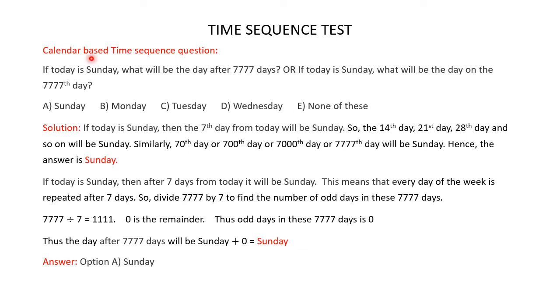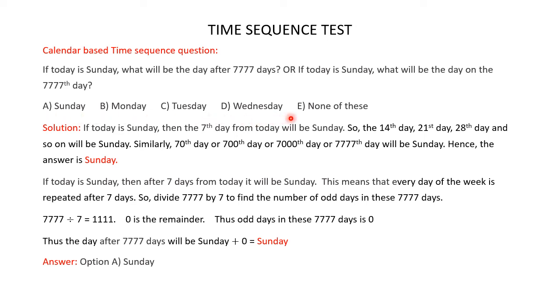Let's solve a type of problem that's asked on calendar-based time sequence. If today is Sunday, what will be the day after 7,777 days? Or if today is Sunday, what will be the day on the 7,777th day?